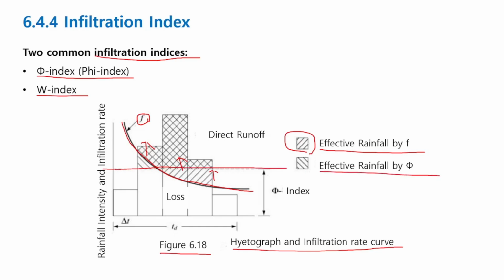That's the effective rainfall by phi index. Every part of the hydrograph above this phi index line is direct runoff, and everything below is loss. And then we have this particular area that is above both the phi index and the actual infiltration curve F.